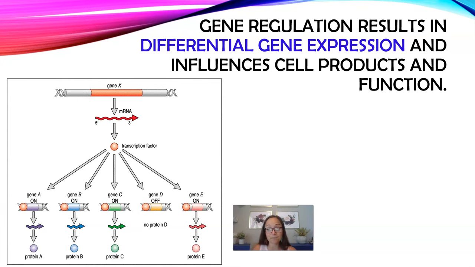Every single cell in your body has the exact same DNA, but not all of your genes are equally expressed. It comes down to your transcription factors, your DNA methylation, your histone acetylation, etc. And turning on and off genes will lead to different proteins in a cell and lead to that cell specializing.